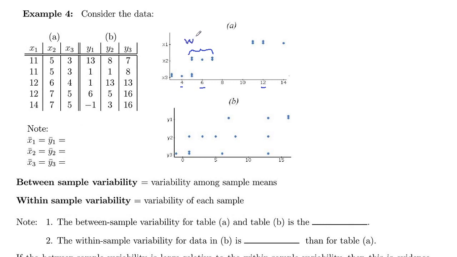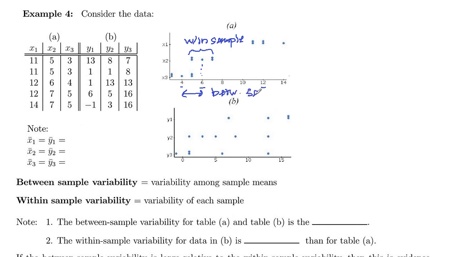So this is within sample. And then the between sample variability, looking at the difference in, say, the means for those two samples. So this is between sample variability.